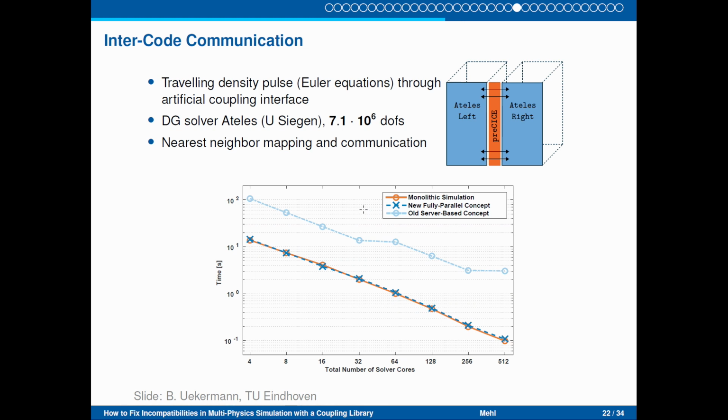And you can do this. The interesting part is the light blue line. This is what we had before when we still had the server-based approach. So we had some parallelism, but it wasn't great. You see that already at 128 cores, you should have a decrease with a steepness of 1, and you see that this already flattens out here. So it really doesn't work.